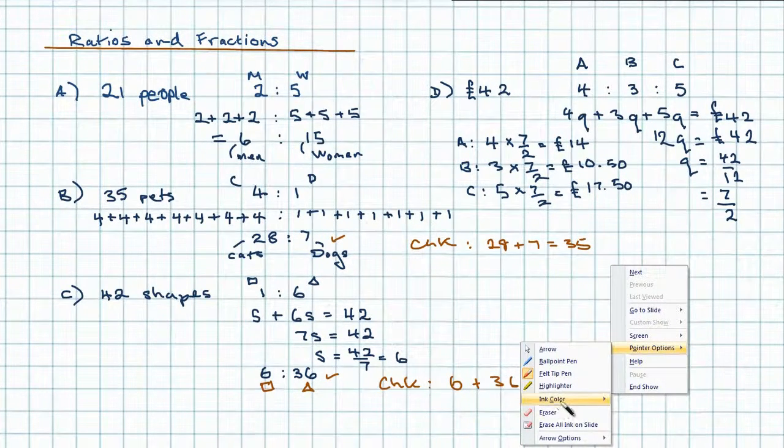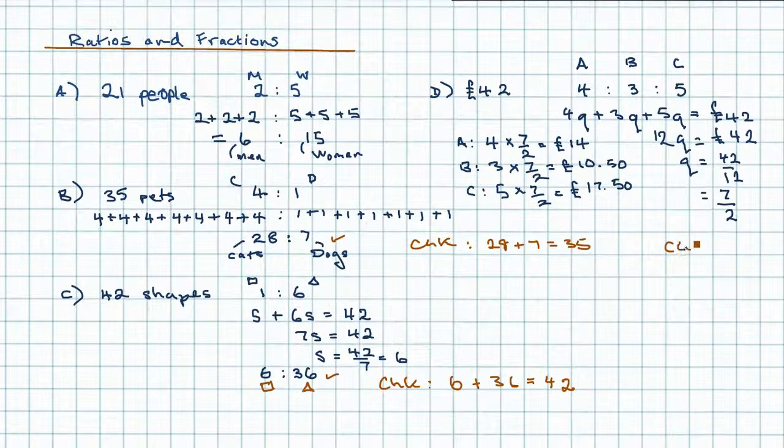And again, very important we do a check. So our check now is £14, and no pence, £10.50 and £17.50. And we could do this mentally maybe, but let's just do it using the column method here.